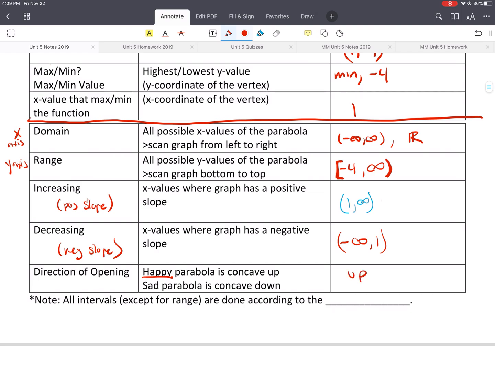Okay, oftentimes we will write it as concave up. Okay, all right, and it says, note all intervals except the range are done according to the x-axis. Okay, so as you notice, when we did it, this is x-axis, this is x-axis, okay?